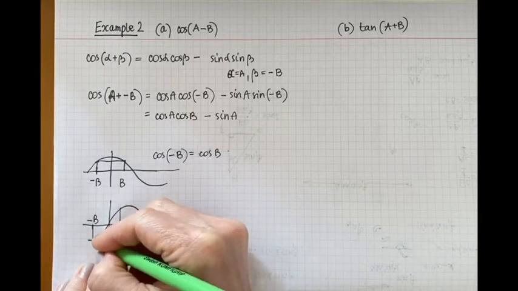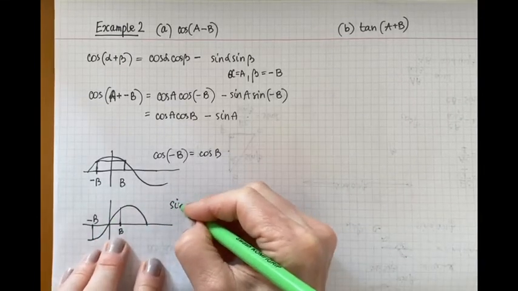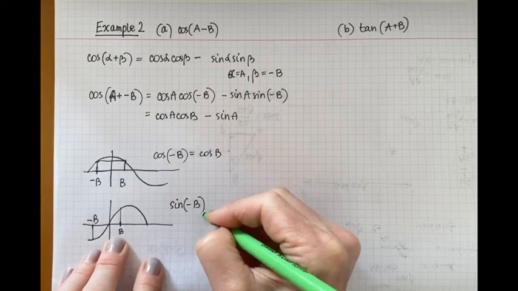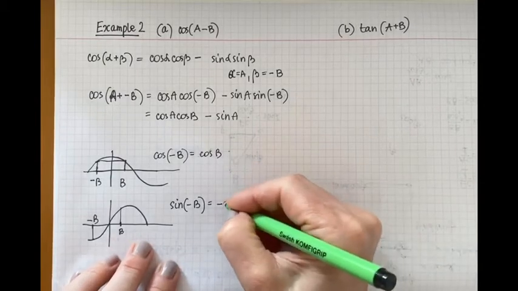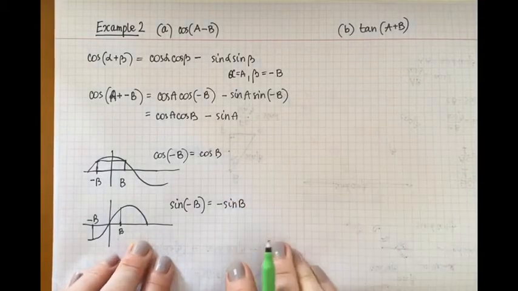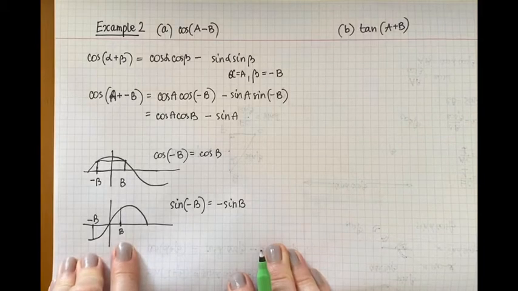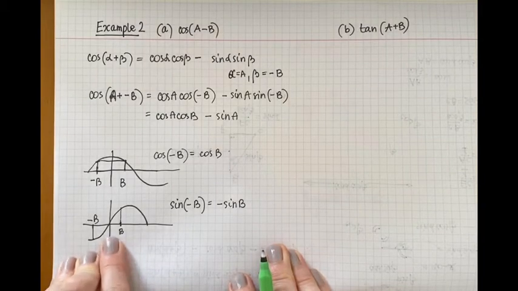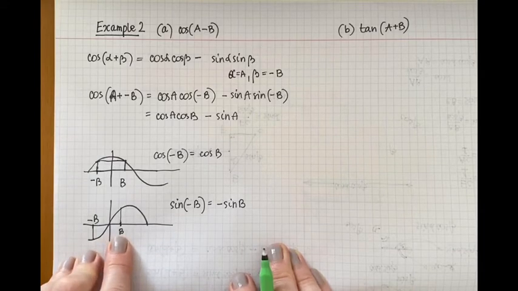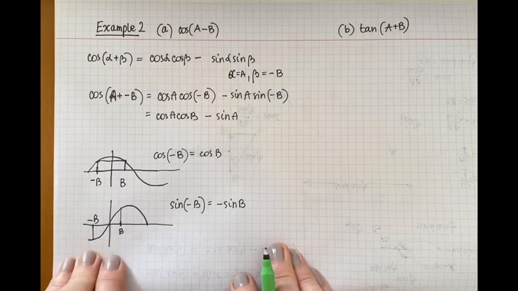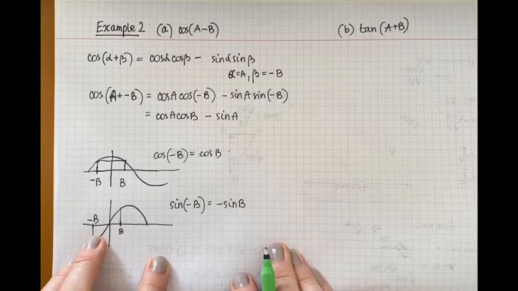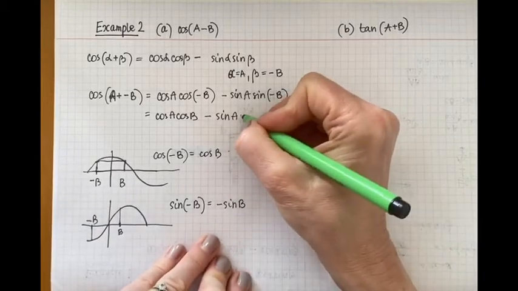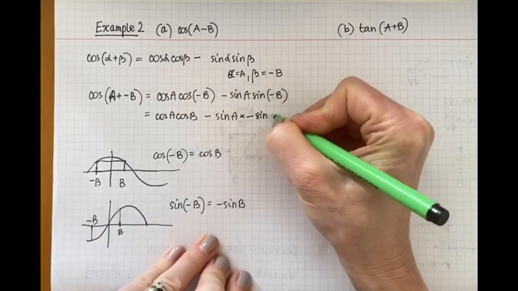So that means if I want to find the expression for sine minus B, I'm going to get minus sine B. So in size, they are exactly the same, but they are in opposite value, or opposite signs. So minus that will give you sine minus B. So this can be replaced with minus sine B.